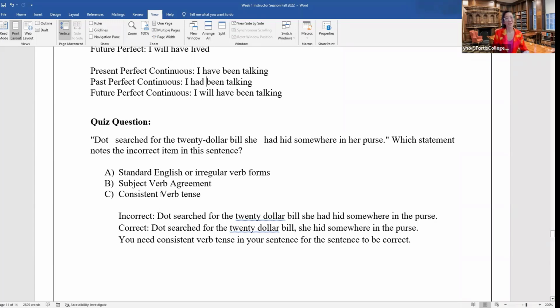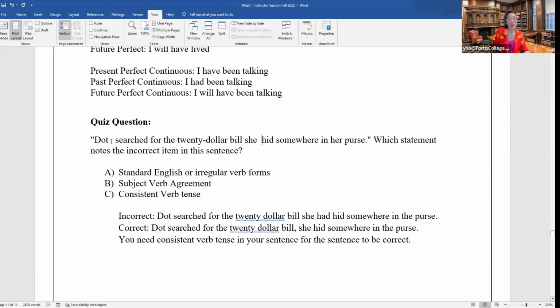Okay, so the answer is consistent verb tense. That's the correct answer. Here you have simple past. Dot searched for the $20 bill she had hid. Now, this is not correct. You would have to write, so here now it's correct. Simple past, dot searched for the $20 bill she hid somewhere in her purse. Now it's correct.